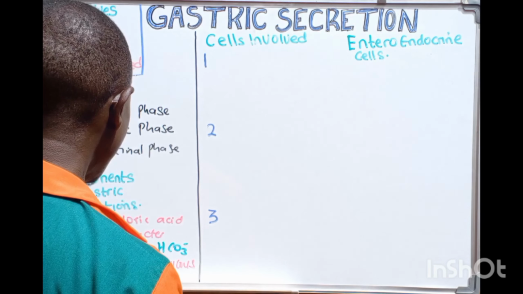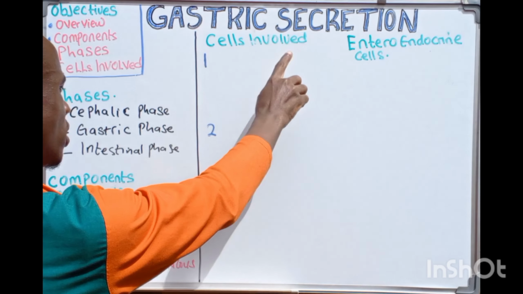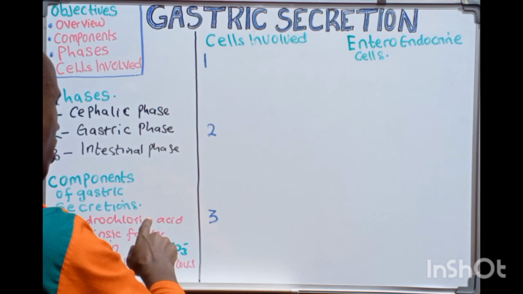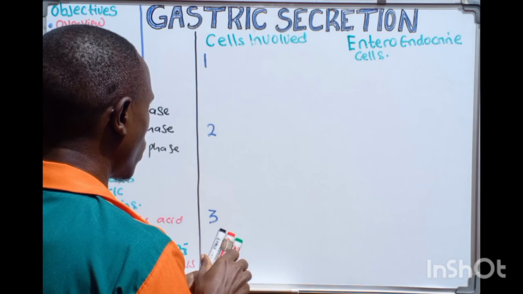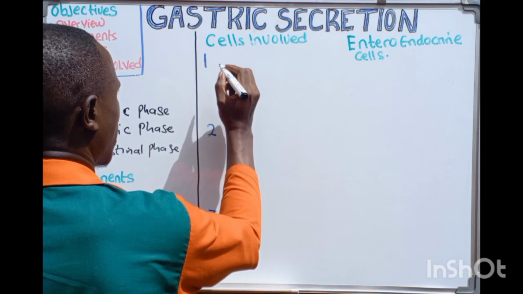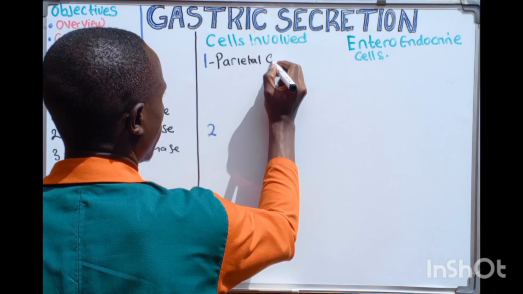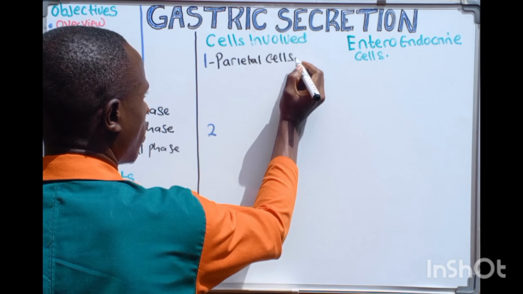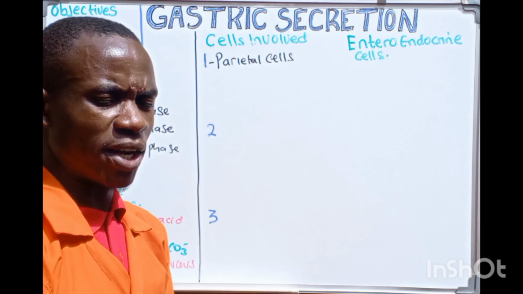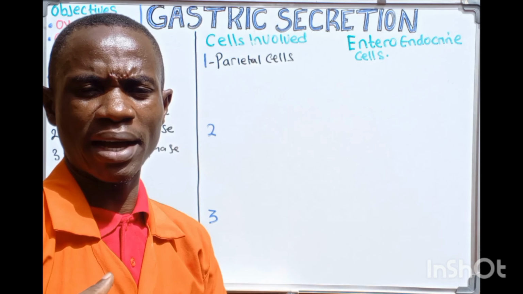Okay. Now, among the cells involved in the secretion of gastric secretions, the first one, which is very important, is the parietal cell. We are going to be talking about this parietal cell time and again.